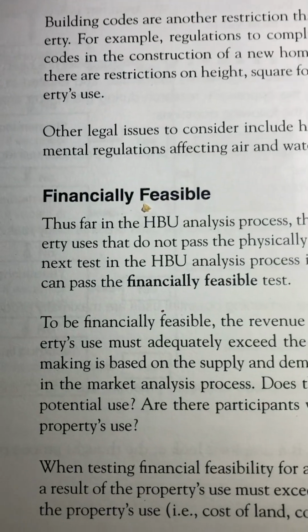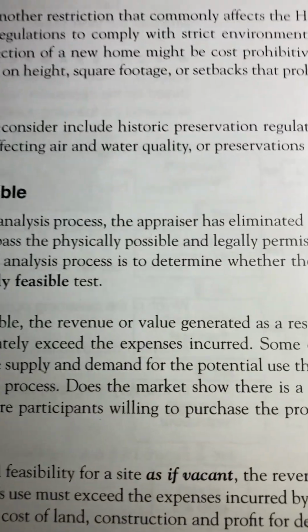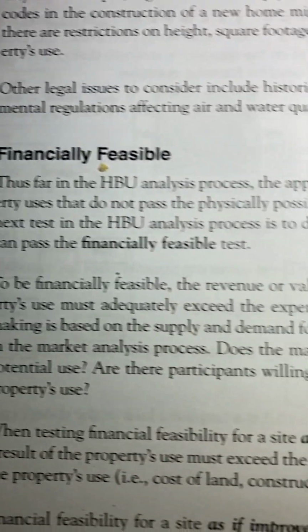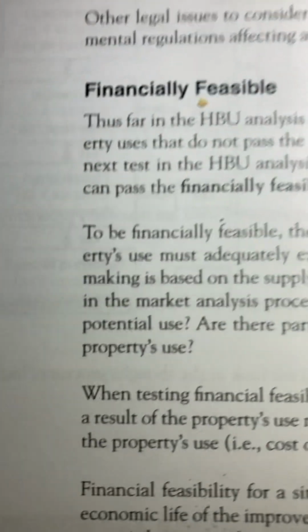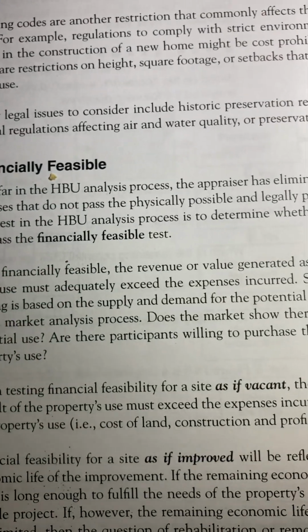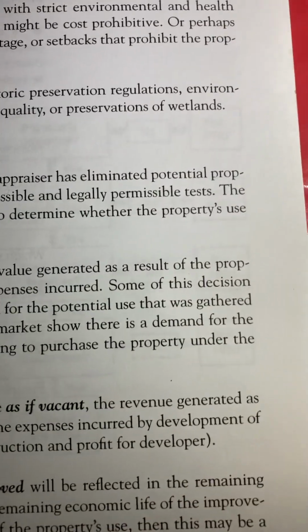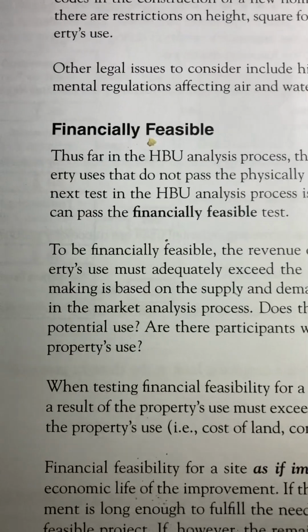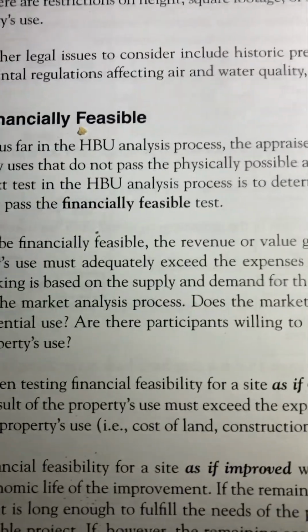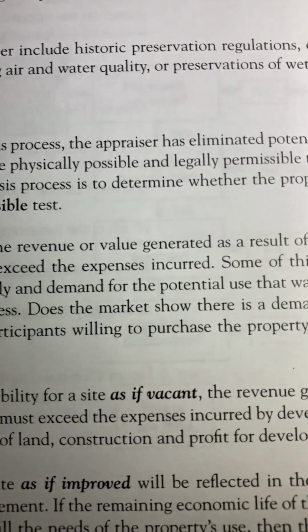The next test in the highest and best use analysis process is to determine whether the property's use can pass the financially feasible test. To be financially feasible, the revenue or value generated as a result of the property's use must adequately exceed the expenses incurred.